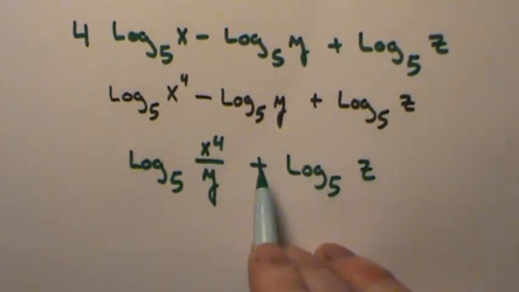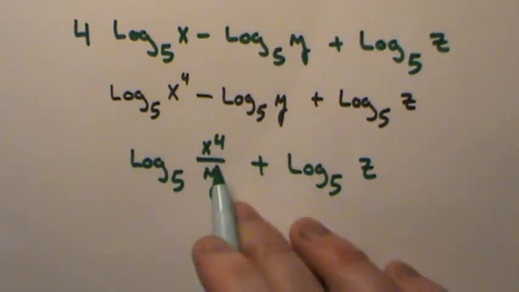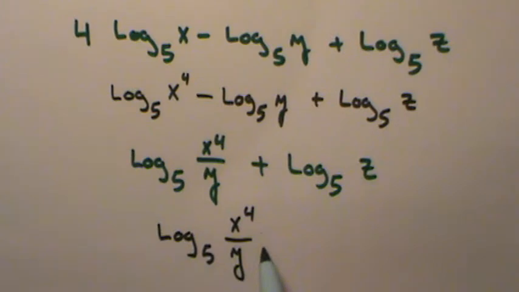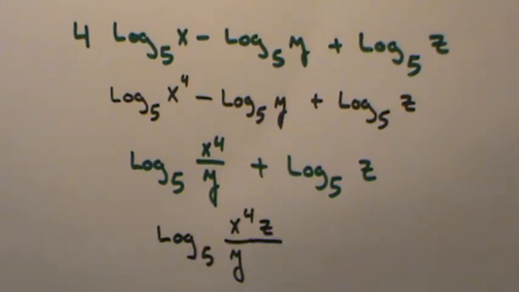But an addition means that I can take the two arguments and I can multiply them. So to condense this all the way down, I can say this is equivalent to log base 5 of x to the 4th over y times z. Now you can put the z here, or you can put it upstairs. Either one would be equally correct.